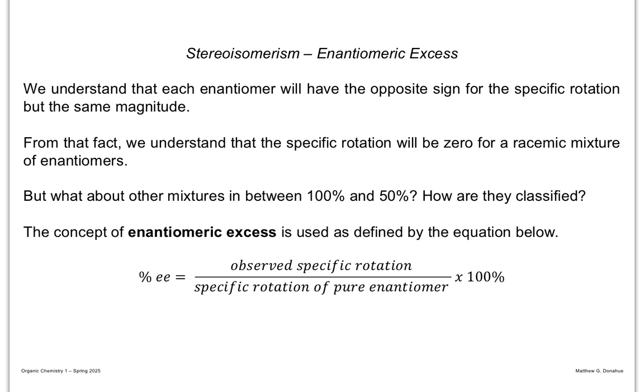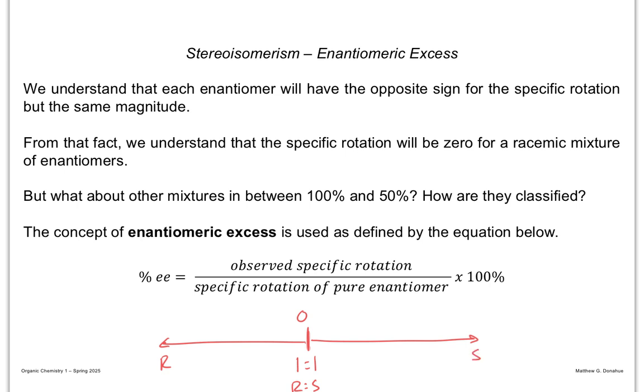So for the 3 points, I'm going to use an example here. Say we have a compound with one stereo center, R and S, so that means there's 2 enantiomers. So I'm going to write the R over here and the S over there.